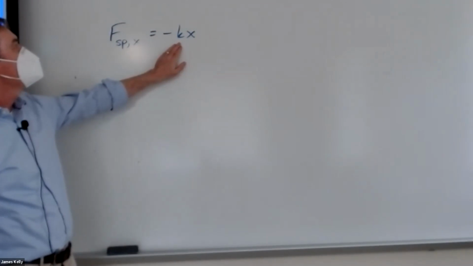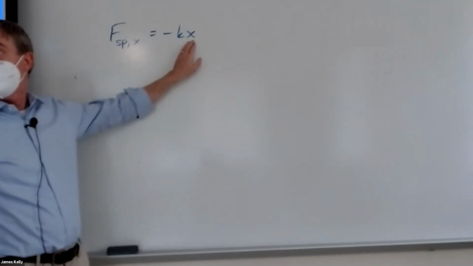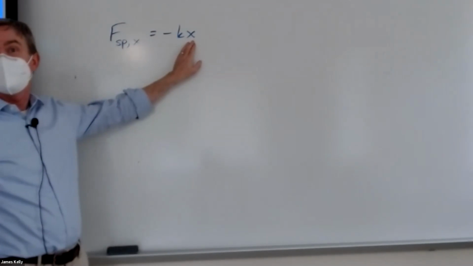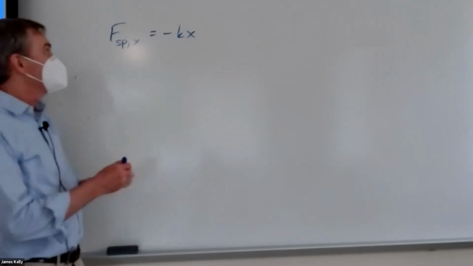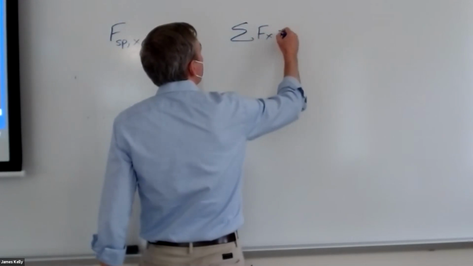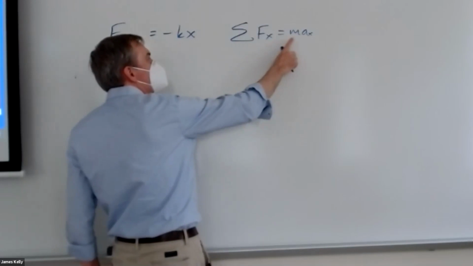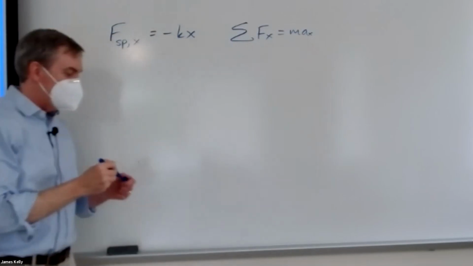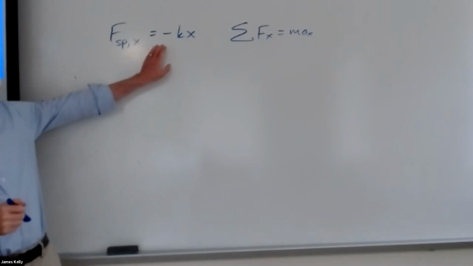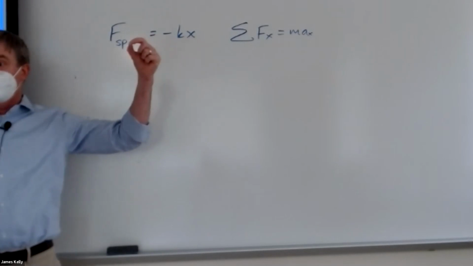In any case, the maximum acceleration is going to be when the force is maximum, right? Because this is the only force that's resulting in the acceleration. So if we're thinking of the sum of the force x components equals m a_x, whenever the net force is maximum, that's when the acceleration is going to be maximum. And the net force is maximum at the biggest and smallest x values, right? The extreme points.